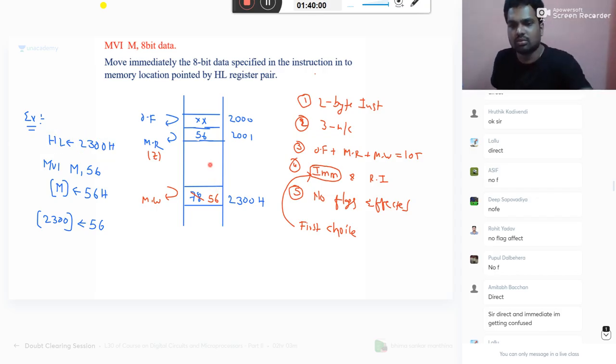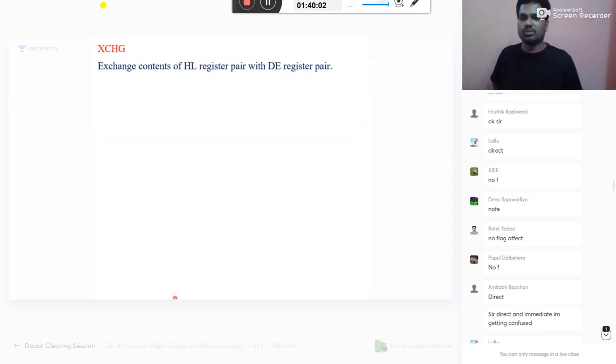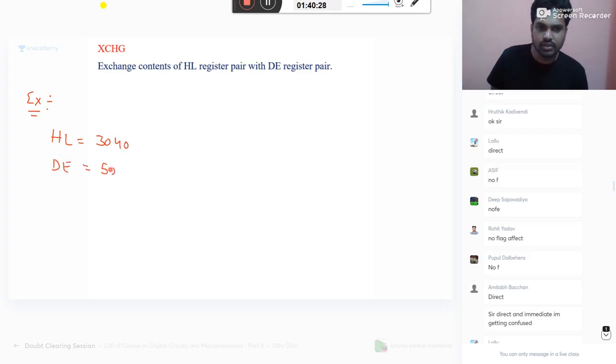So the last one in your data transfer group of instructions is XCHG, exchange HL with DE. HL is 3040. DE is 5060.